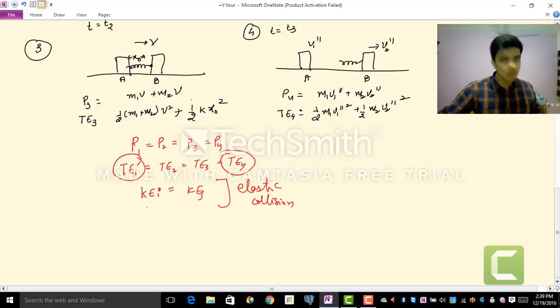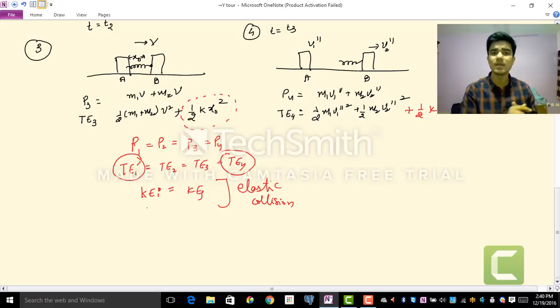So what if some amount of elastic potential energy remains in instant 4 as well, right? Let us say the final compression of the spring is x dash, so the spring potential energy becomes half k x dash square.